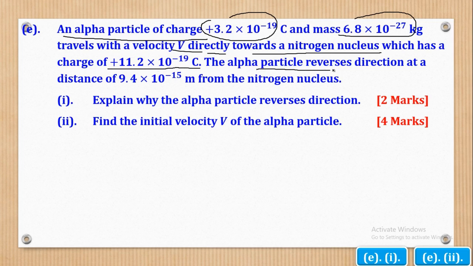The alpha particle reverses direction at a distance of 9.4 exponent negative 15 meters from the nitrogen nucleus. Roman 1. Explain why the alpha particle reverses direction.